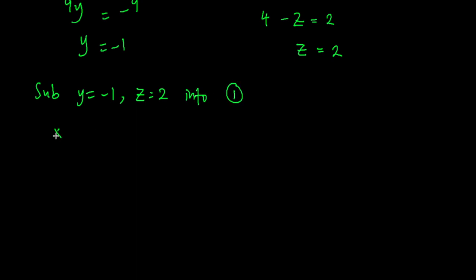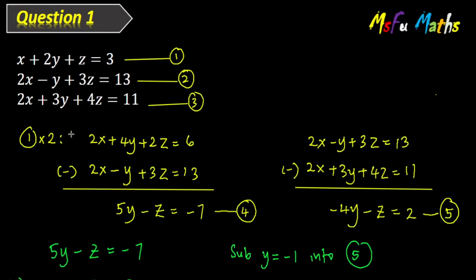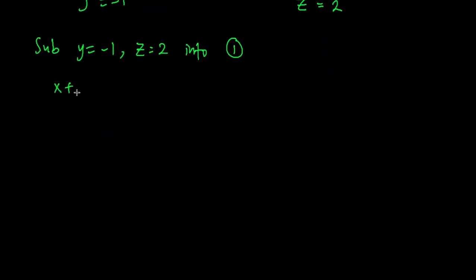So I will get, just now, x plus 2y plus z equals to 3. When I substitute here, I will get x plus 2 times negative 1. This y is negative 1, right? This z is 2. Plus 2 equals to 3. Oh, this is negative 2 plus 2.